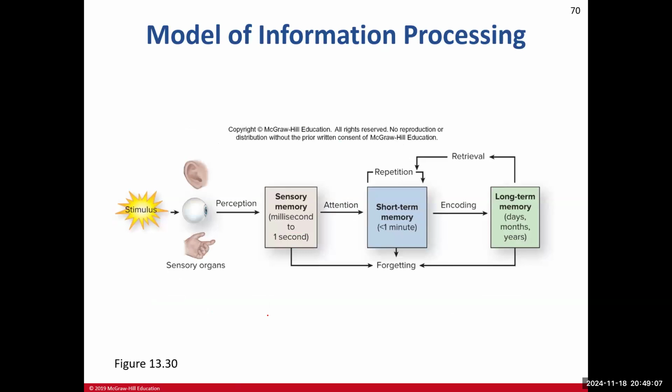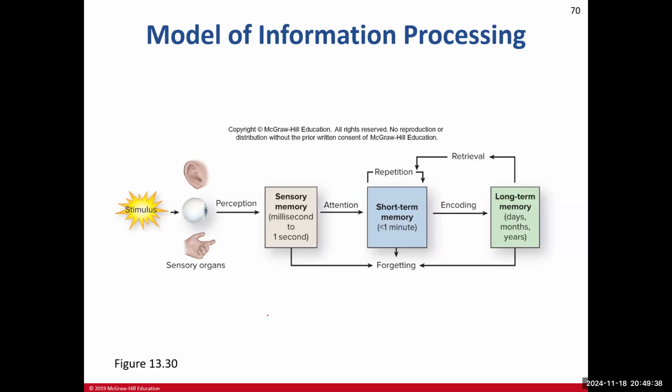So here's your stimulus, right? You have all of your sensory organs, whether it's touch, taste, sight, hearing, or smell. And so the stimulus occurs, whatever that stimulus may be. You're first going to experience that stimulus through sensory memory, only for a very brief period of time. If you're actually paying attention to it, say you smell something, you make a note to yourself, I smell something that's good.